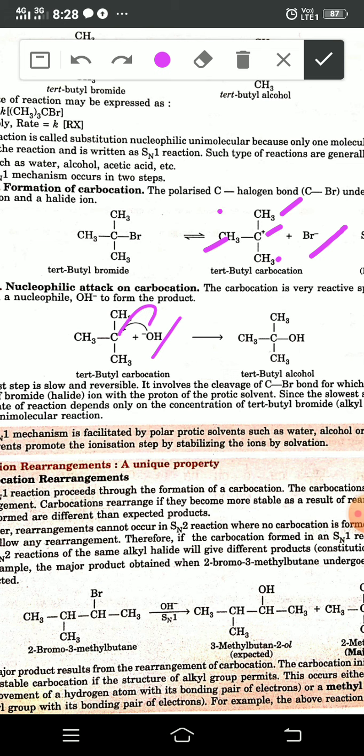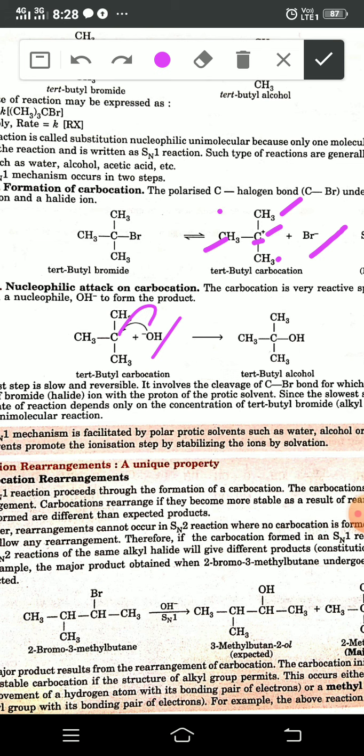Suppose I am speaking, so draw a perpendicular from this carbon atom to my mouth. So from this side, the bromine atom will attack. Another case is from the back side, just the reverse of me.